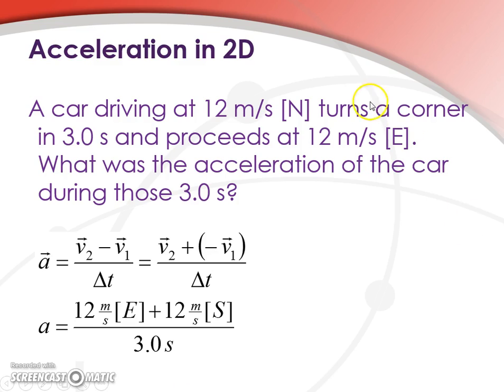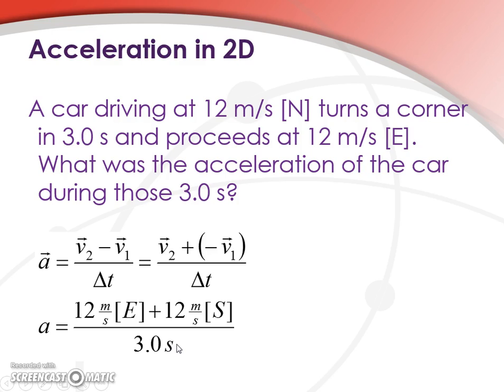And the expression becomes this. The acceleration is v2, 12 meters per second east, plus v1 in the opposite direction. 12 meters per second north becomes 12 meters per second south. And of course, delta t is 3 seconds.